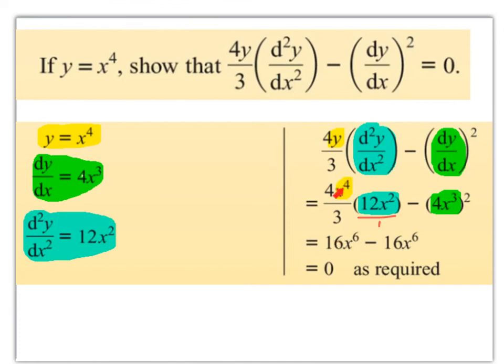And then x to the power of 4 multiplied by x squared, multiplying powers with the same base, we add the powers, so we get x to the power of 6. And then 4 squared is 16, and x to the power of 3 raised to the power of 2, we multiply the powers, so 3 times 2 is 6. So we get 16x to the power of 6 minus 16x to the power of 6, which cancels. So we end up with 0 as required.